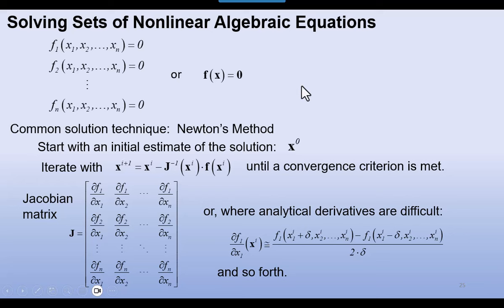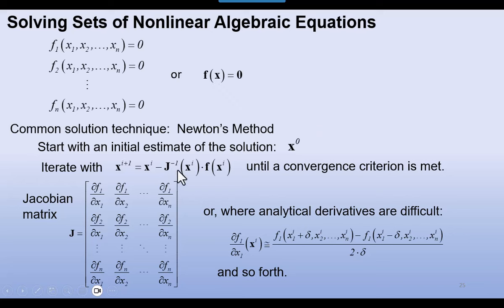And the common solution technique for this is called Newton's method, and it is expanded from Newton's method for a single equation. So we start with an initial estimate for our x's, initial estimates for however many equations we have.